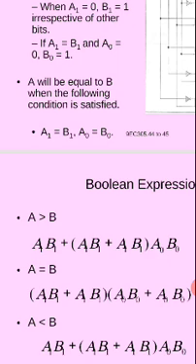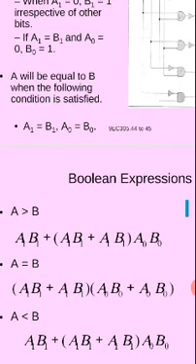Boolean expression for A equal to B: A1' B1' into A0' B0' plus A0 B0.